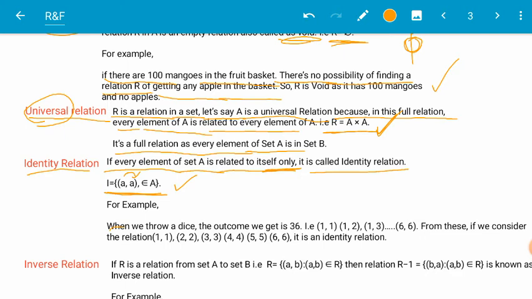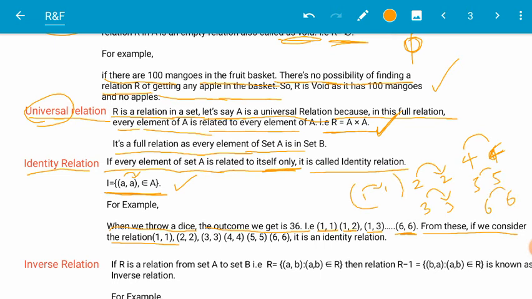Example you can take. When you throw two dice, the outcomes we will get total 36: 1 1, 1 2, 2 1, 1 3, up to 6 6. From this, if you consider the relation, 1 is mapping with 1, 2 is mapping with 2, 3 is mapping with 3, 4 is mapping with 4, 5 is mapping with 5, 6 is mapping with 6.